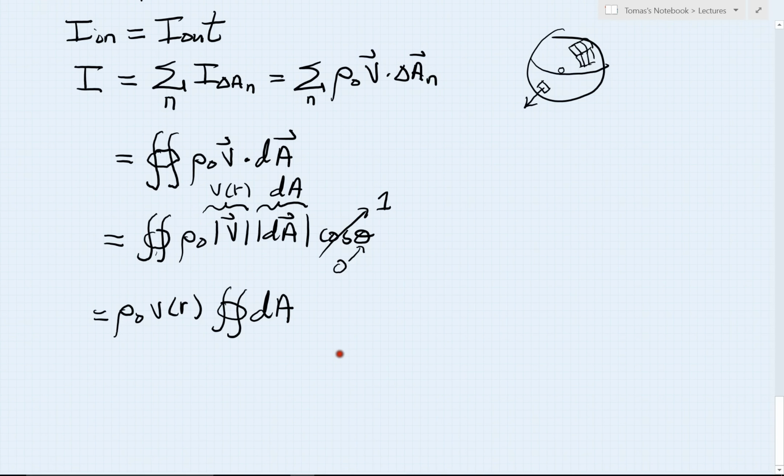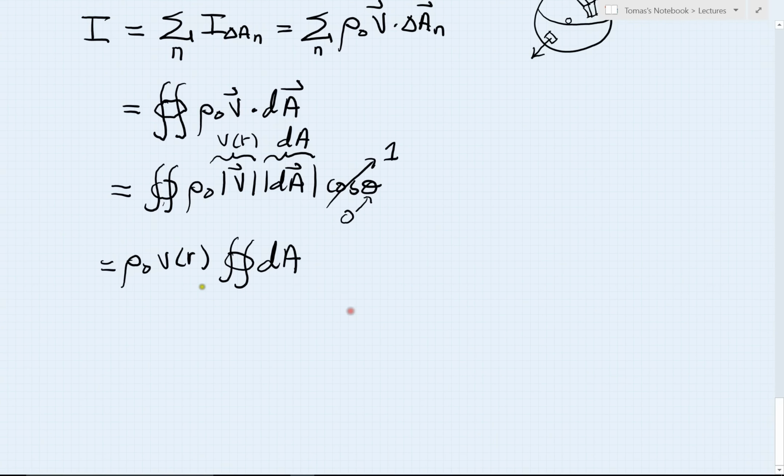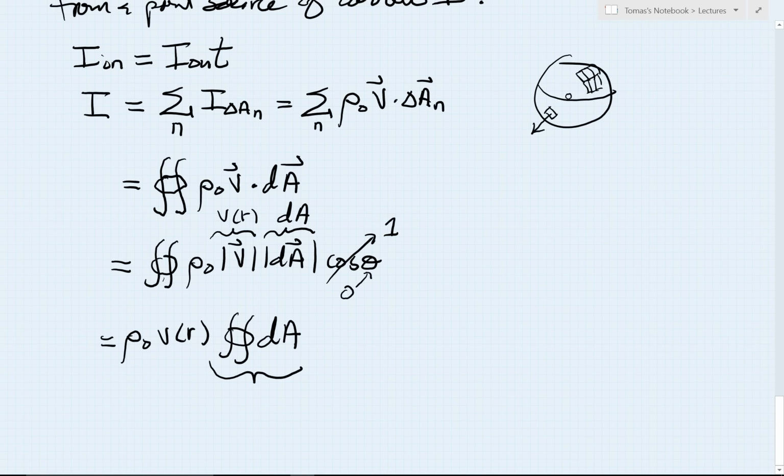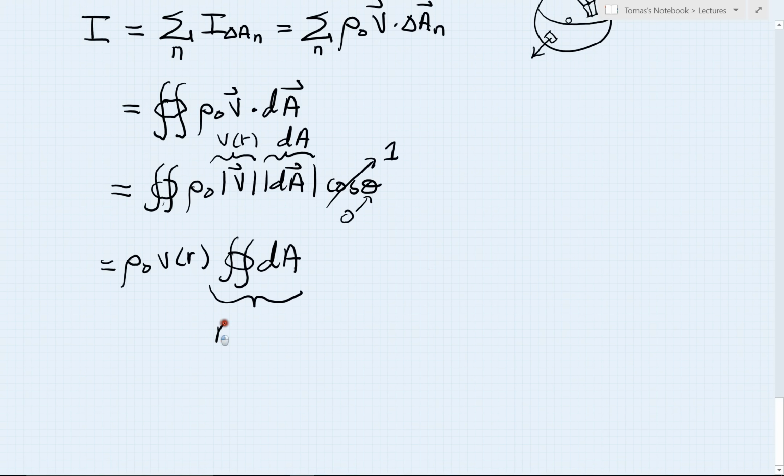Now, this integral itself just adds up the areas of all of my tiny patches going around the sphere. So this is just going to give me the total area of the sphere, which is 4 pi r squared.